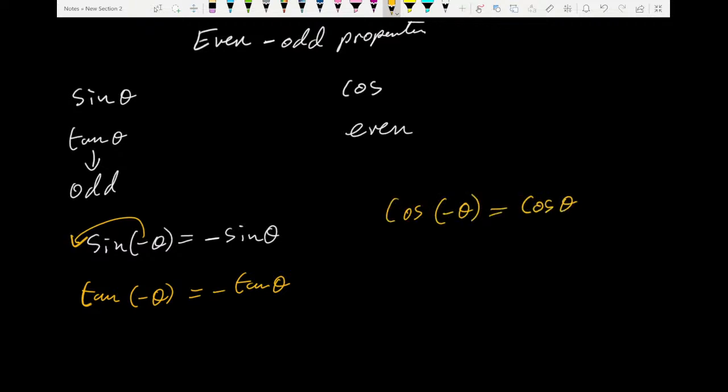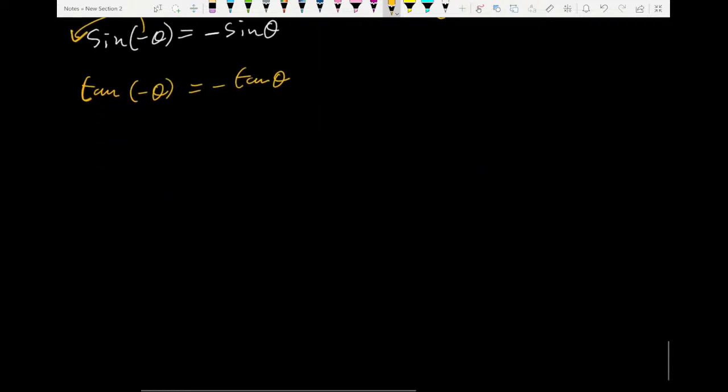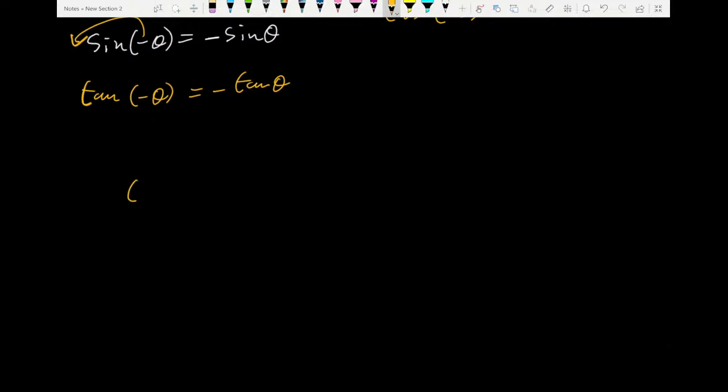It gets absorbed, and you get the function by itself. So for example, cosine of negative 60 degrees is the same as cosine of 60 degrees. And we know cosine of 60 degrees, we use that table, which is just 1/2.